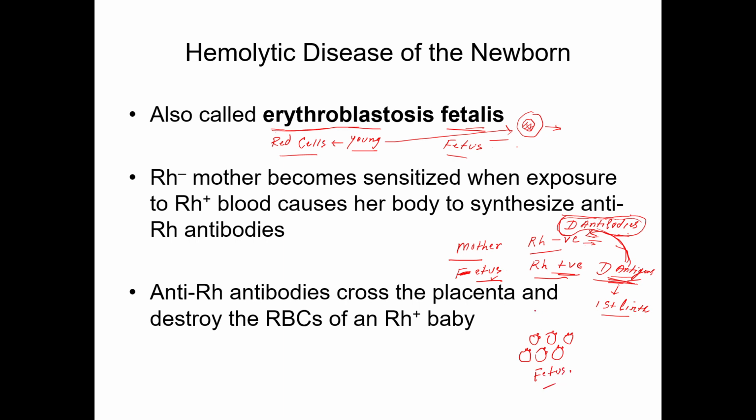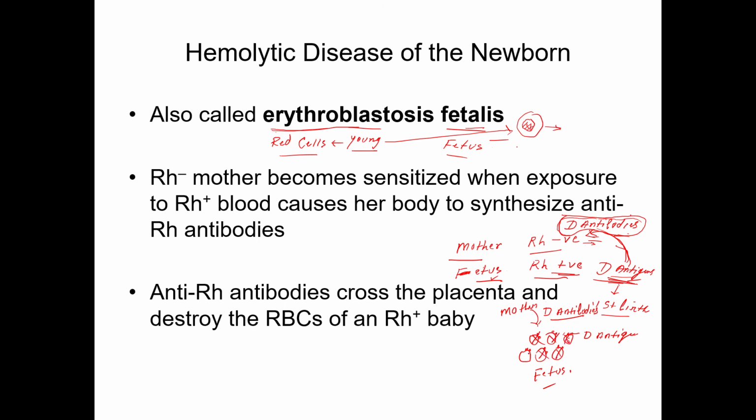Okay, and from the mother's body plenty of D antibodies will come and enter into the fetus body, and these D antibodies will react with the D antigens on the surface, right? And will destroy, same type, so will destroy the red blood cells of the fetus. So all these red blood cells will be destroyed.